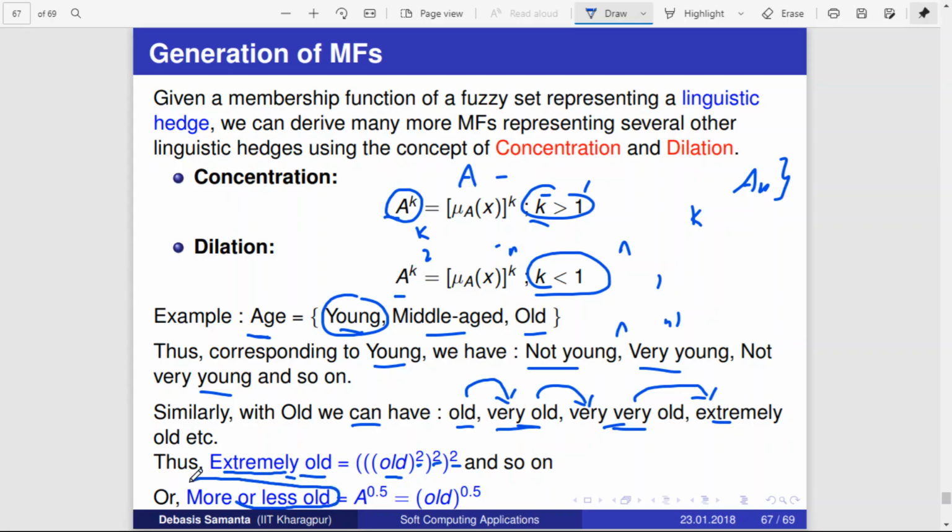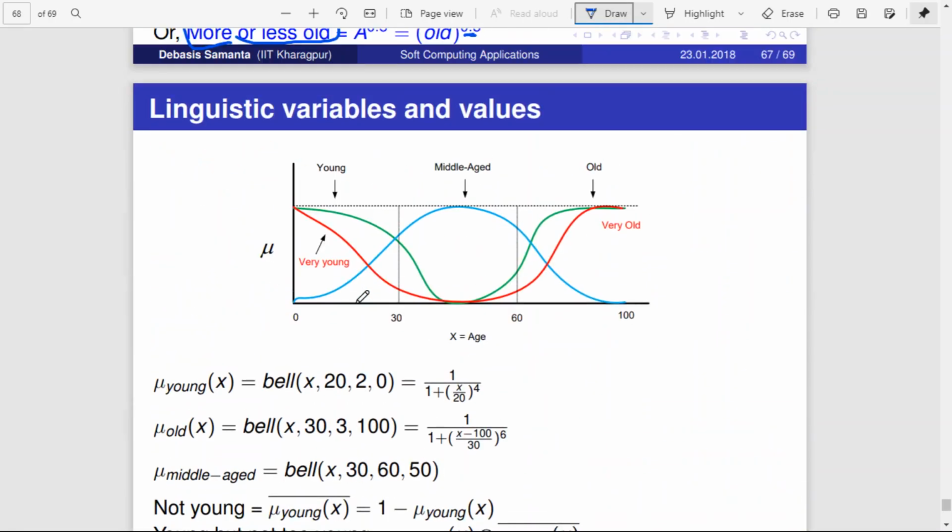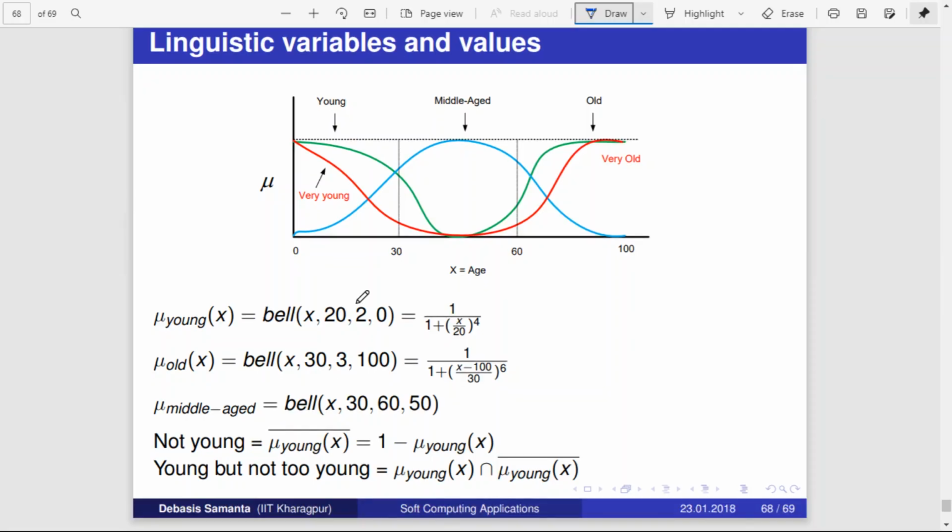It means someone who is a little less than old, so it is old to the power 0.5, which is less than old, so k is less than 1, right? When you want to move in the positive end, you have to use concentration. When you want to move in the negative end, you have to use dilation. Again, here is an example for whatever we have discussed previously: the open curve and closed curve. This is open left, this is open right, and the middle one is closed.